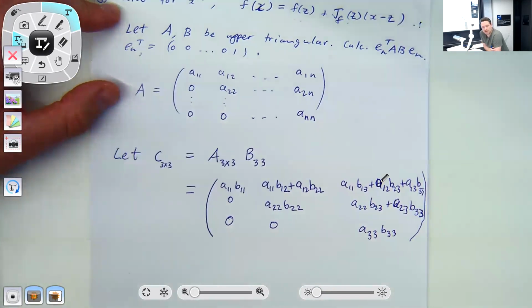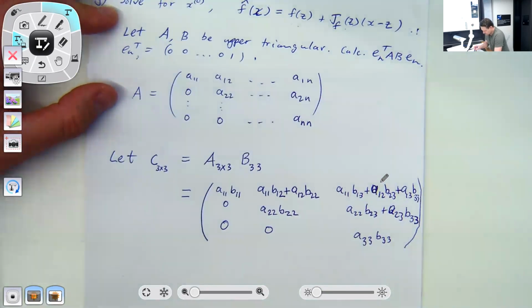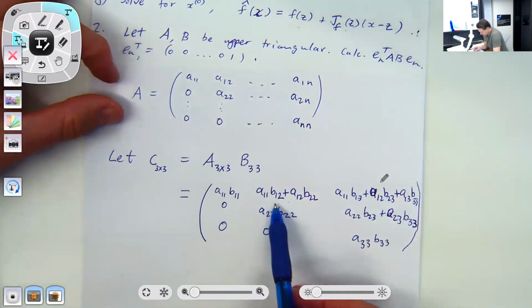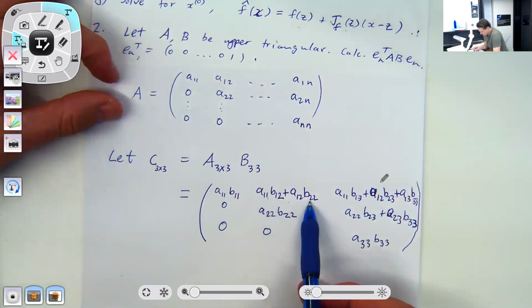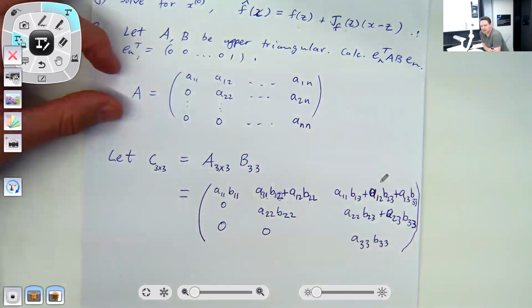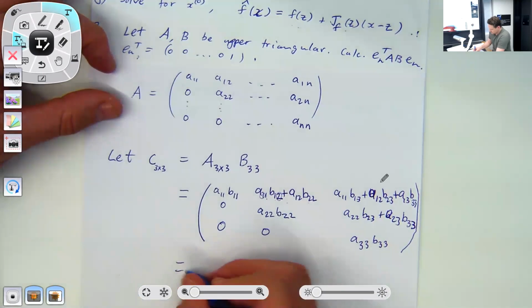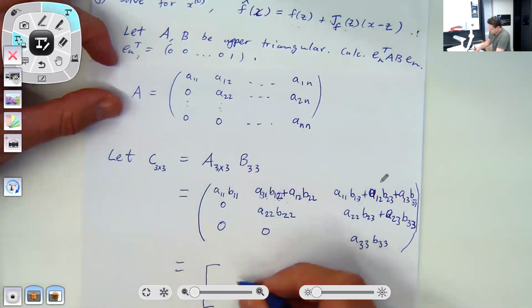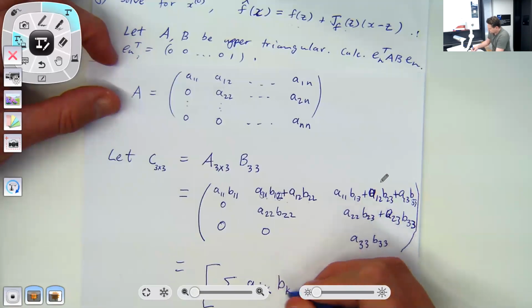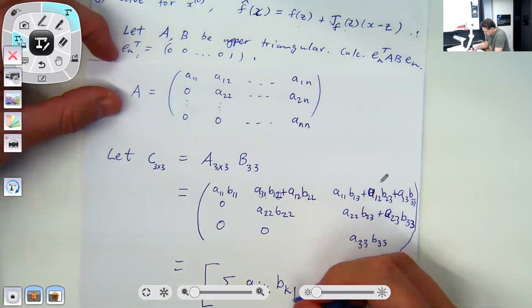Now, I can see a pattern in this. This has two summands, this has three summands. The middle ones are the same, and the outer ones, there and there, have the same subscripts as C12 would have in that position. So that tells you that what you have here is an abbreviated form of this, where you have a sum of A_ik B_kj.